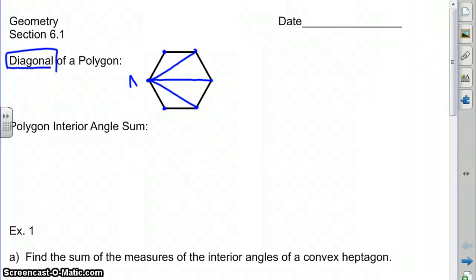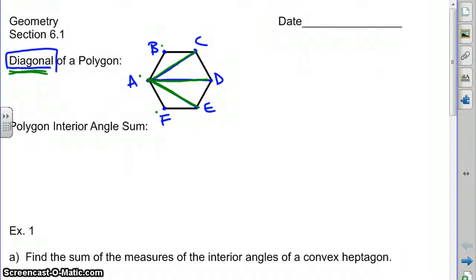So if I call these vertices A, B, C, D, E, and F, I can connect diagonals from A to any vertex that is not right next to it, or not consecutive. Consecutive vertices would be vertices that are right next to each other. So in this case, a six-sided polygon has three diagonals from any vertex.